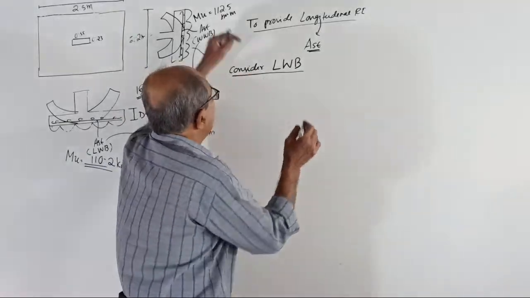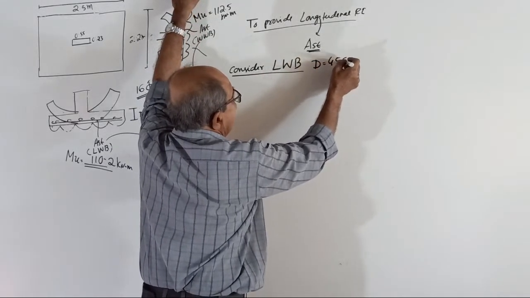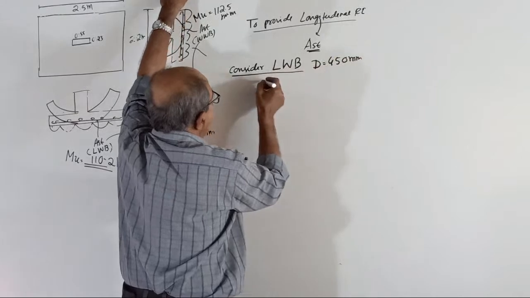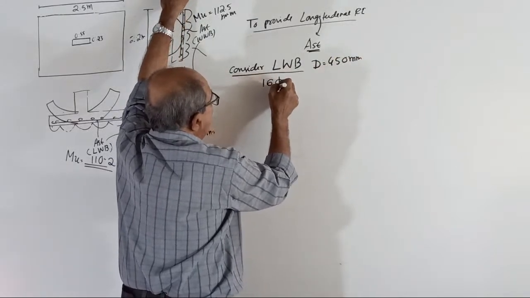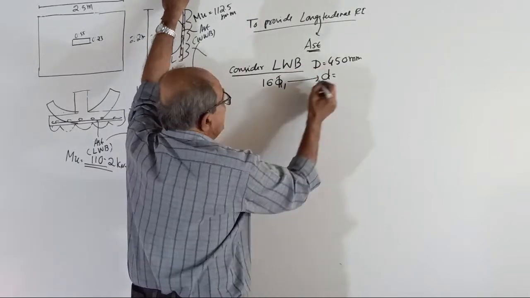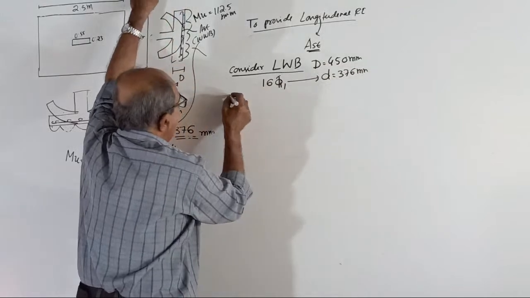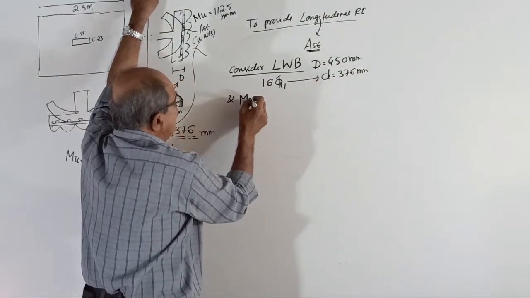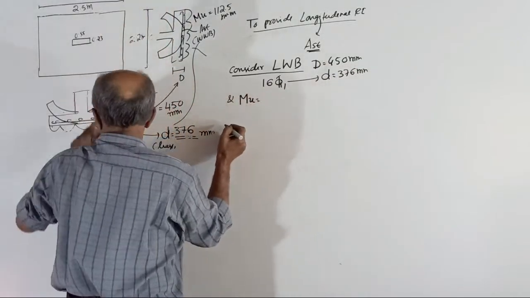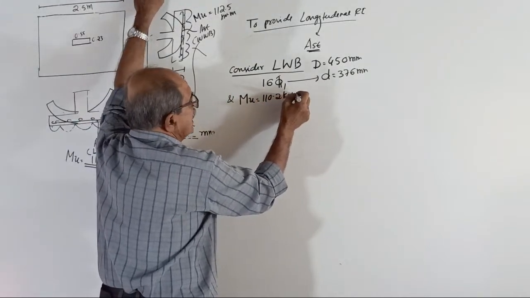Okay, put data. Capital D is 450 millimeter and we have taken 16 torque. With 16 torque, we are taking d equal to 376 millimeter, and the factored BM Mu equal to 110.2 kilonewton meter.